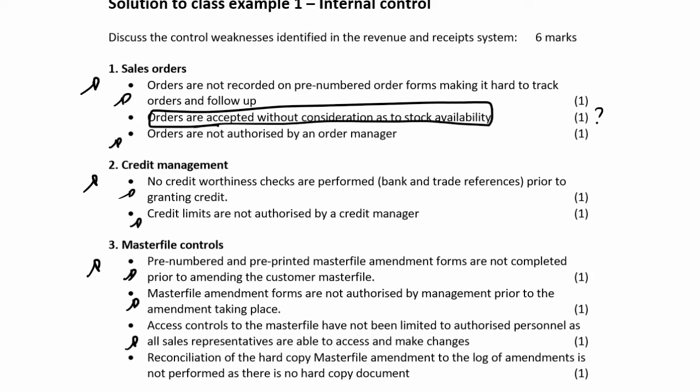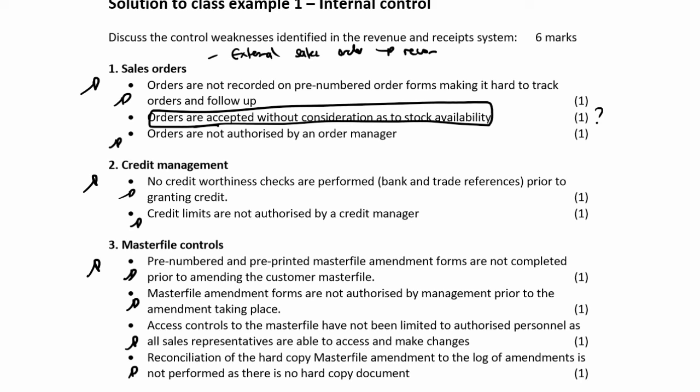And then because they don't even have the document, they don't do the reconciliation of the master file amendment to the hard copy documents. They also don't mention anything about the external sale and the recon of that, but I've discussed that so you know that is a valid control.